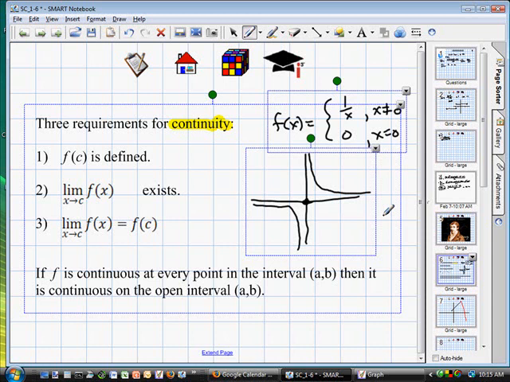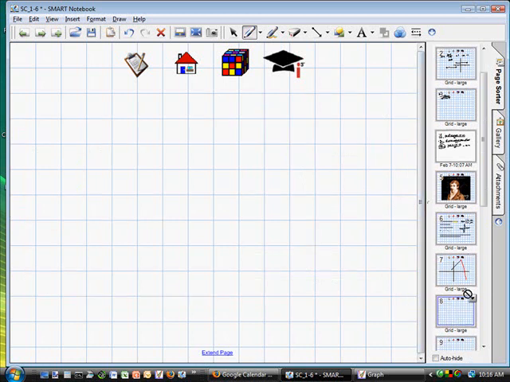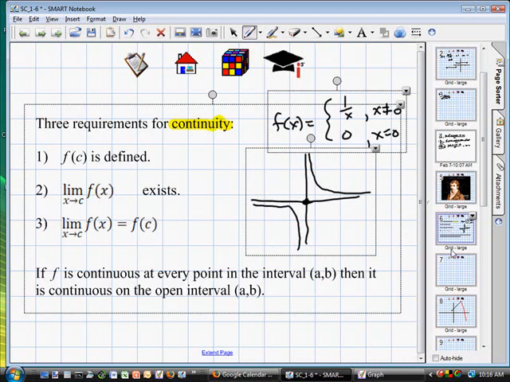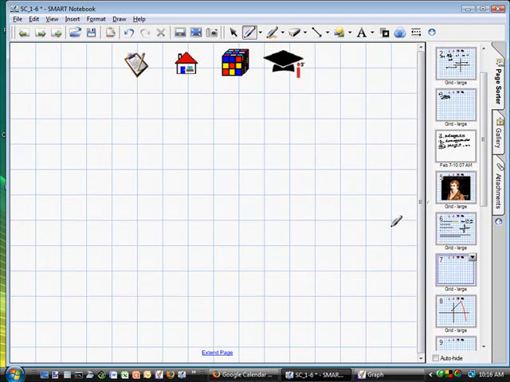I need another example to show you step 3. So I'm going to make another one up here. Okay, this time, we'll make this function up. So I'll just do it by drawing a graph.